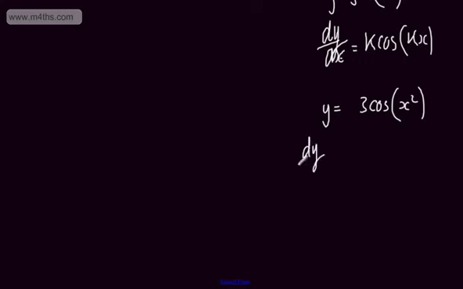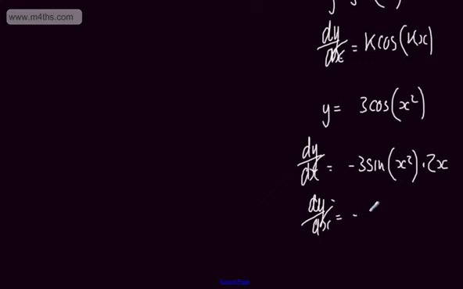We differentiate the outside function: differentiating 3 cos x will give us minus 3 sine. We rewrite the inside function and multiply through by the derivative of the inside function. So we end up with dy by dx equal to minus 6x sine of x squared.